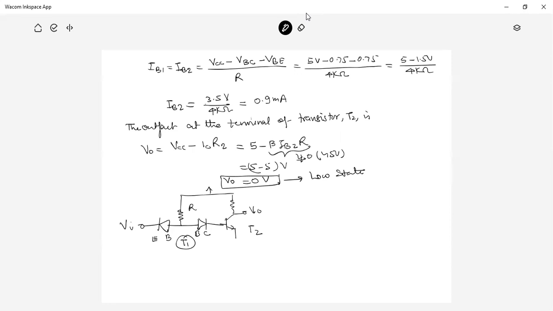In this way, when the input is low, the output is high, and when the input is high, the output is low. So this is nothing but an inverter logic circuit.